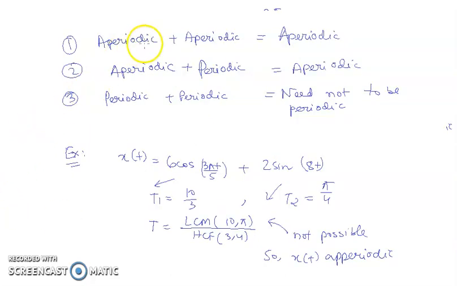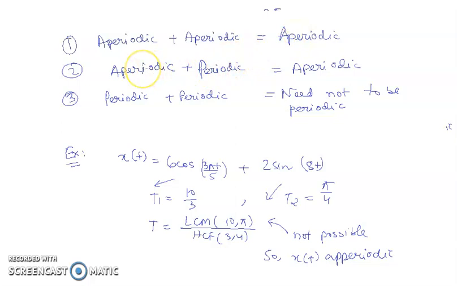When signals are given as a sum of two or more signals, we can use these remarks. If we are adding two aperiodic signals, then the resultant signal will be aperiodic.